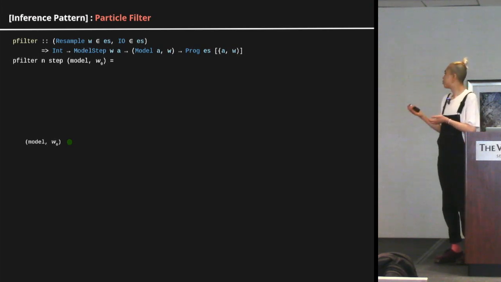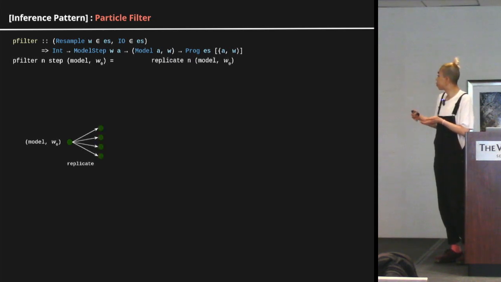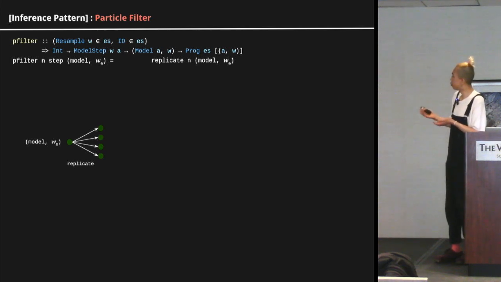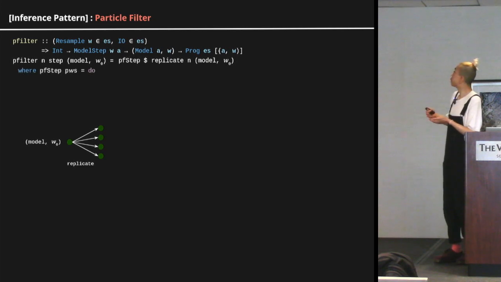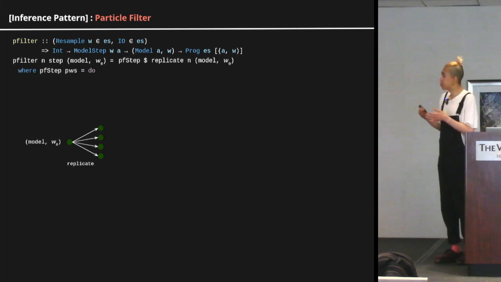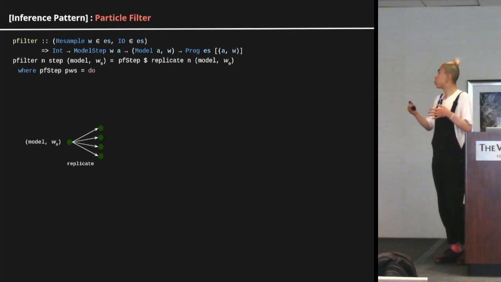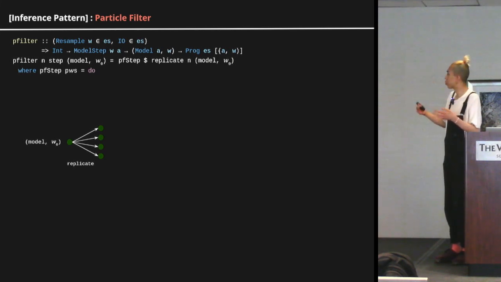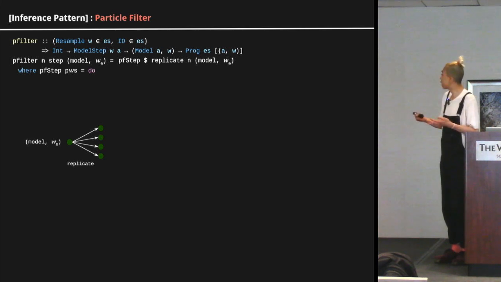A particle filter begins with a model and a weight, which we then create multiple clones of. Each of these clones is called a particle. We then begin the algorithm by applying PF step. The idea here is that we're going to step through each particle's execution in parallel.